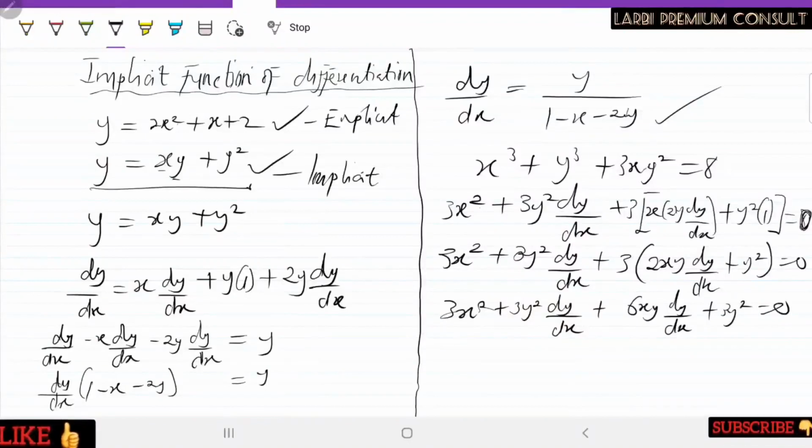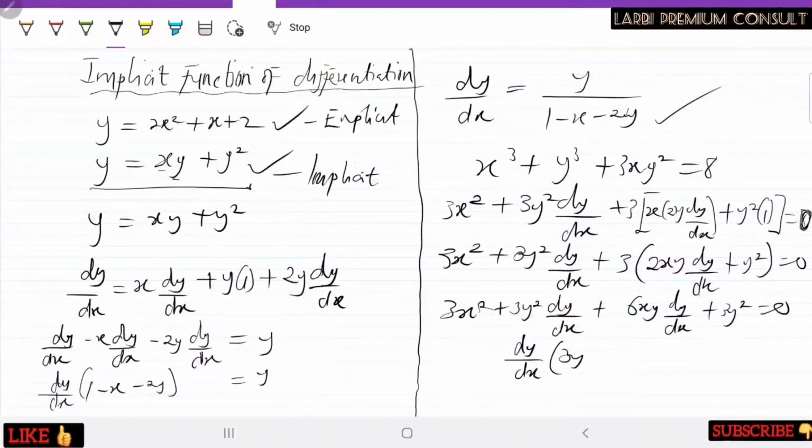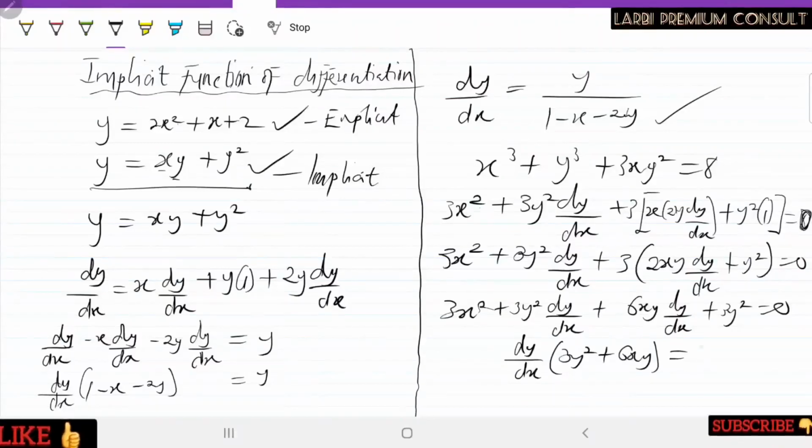So here I want to make dy over dx the subject, so I'll group them on one side. So here I can have my dy over dx into brackets. I have here to go what? 3y squared plus what? 6xy. Alright, and that is going to be equal to, so here is going to be negative what?